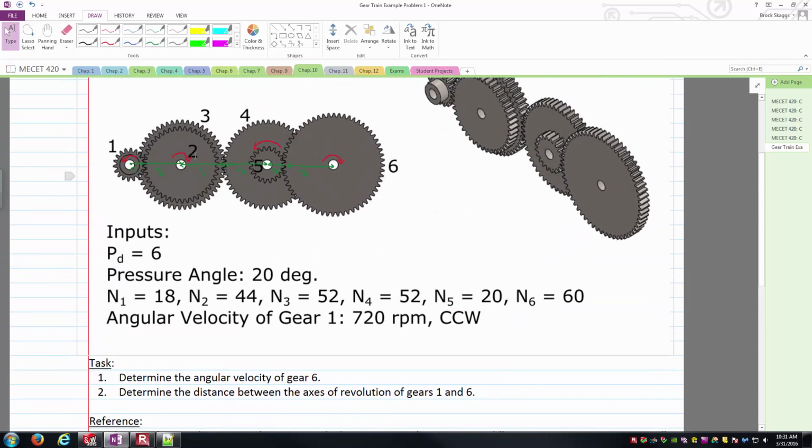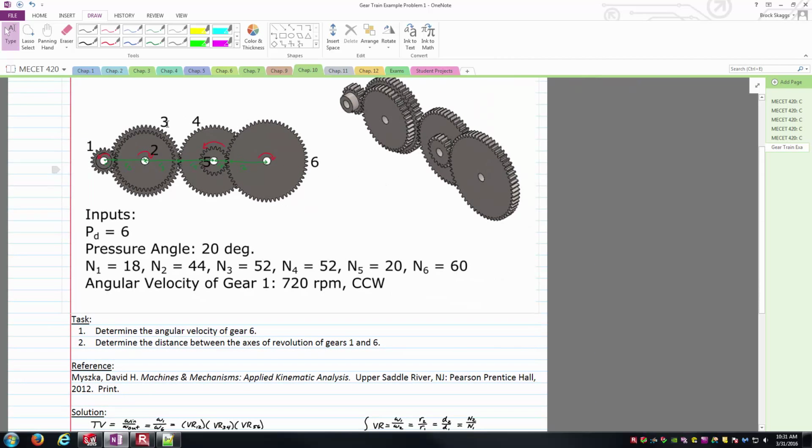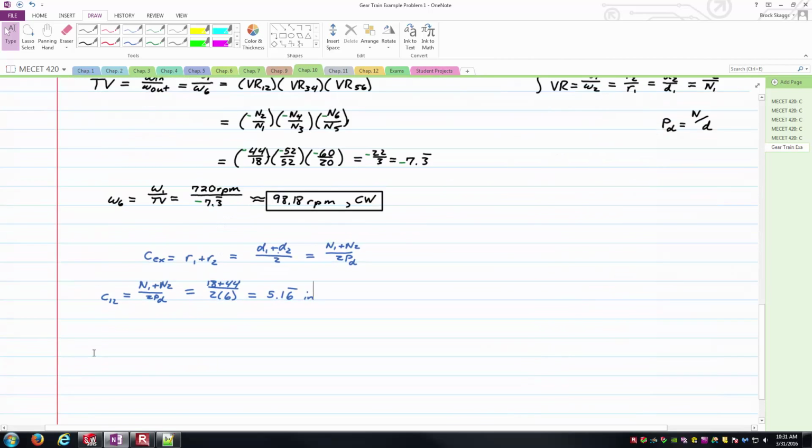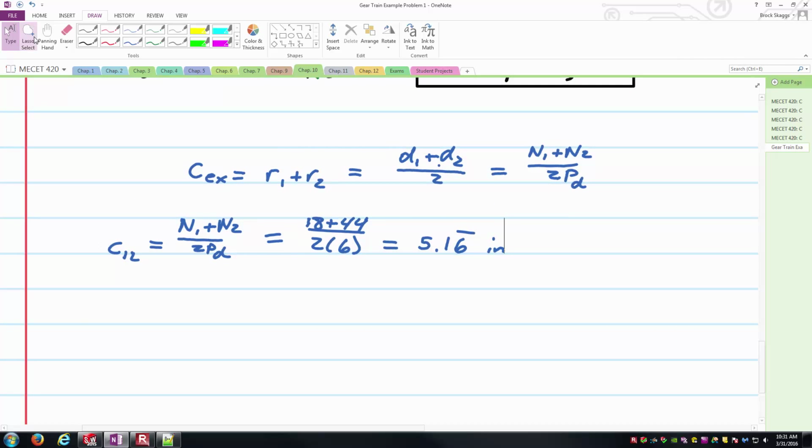Next we have the center distance between 2 and 5, but which gears are actually meshing together to create that? Well, it's gear 3 and gear 4 here, and so I'm just going to call that C34 to remind myself of which gears are driving this, and so it'll be N3 plus N4 all over 2Pd.